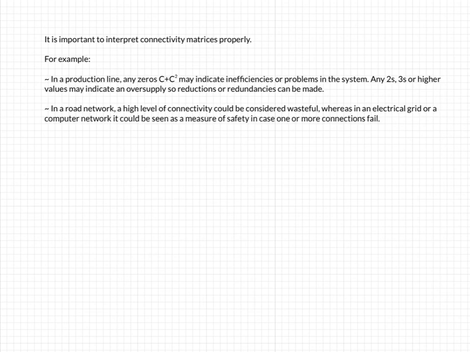So we might look for redundancies or reductions. So if you consider a road network, which is very similar to the train network before, a high level of connectivity may be considered to be wasteful. Whereas in an electrical grid or maybe a computer network, if you've got a high connectivity, then it actually might be a safety measure that's been put in place.